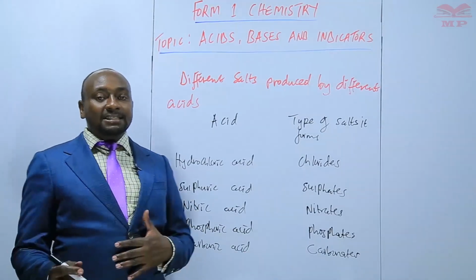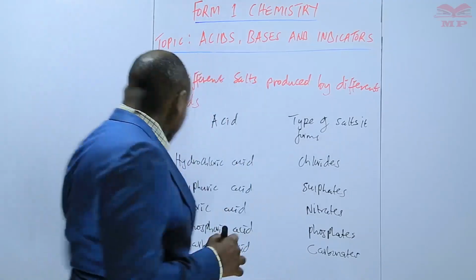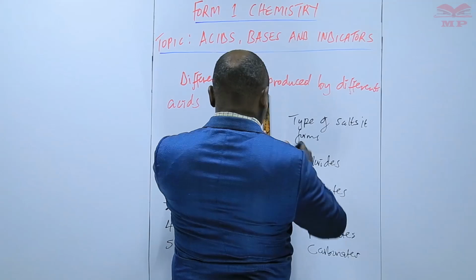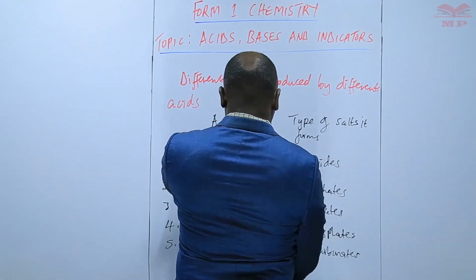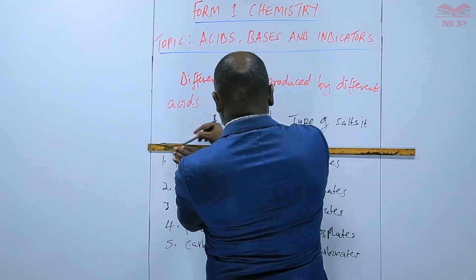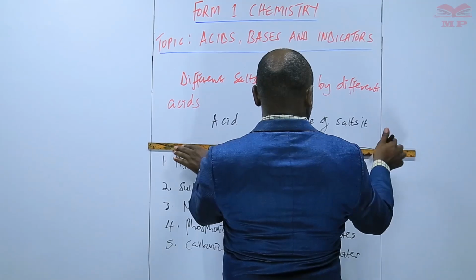So different acids form different salts, as we can see from this table. That is as far as the acids are concerned and the types of salts that they form.